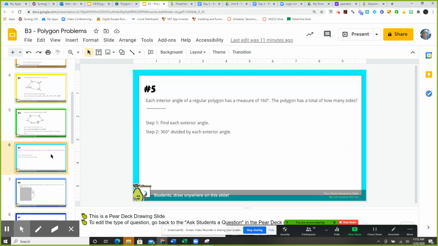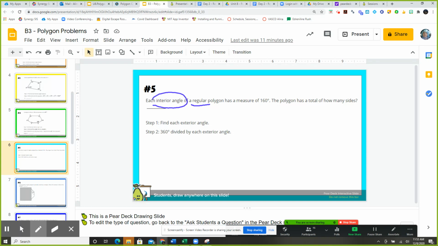What about slide 5? There's no picture here. What kind of picture can I draw to help me? A triangle. Does it say it's a triangle? A polygon is any shape with sides and angles. So it's definitely regular. So all the sides are the same.